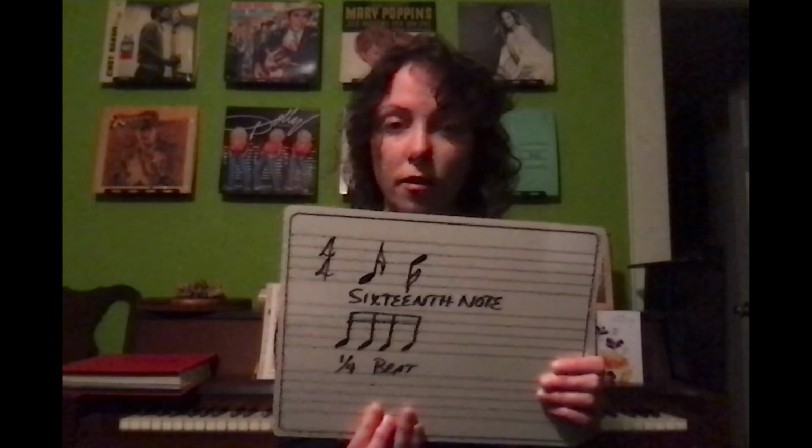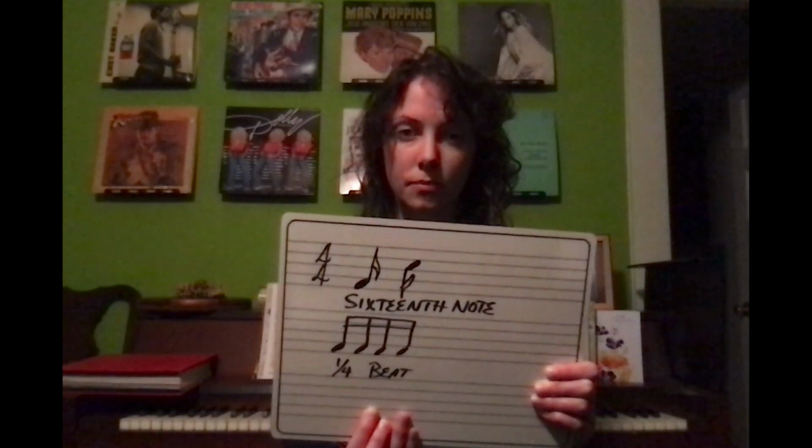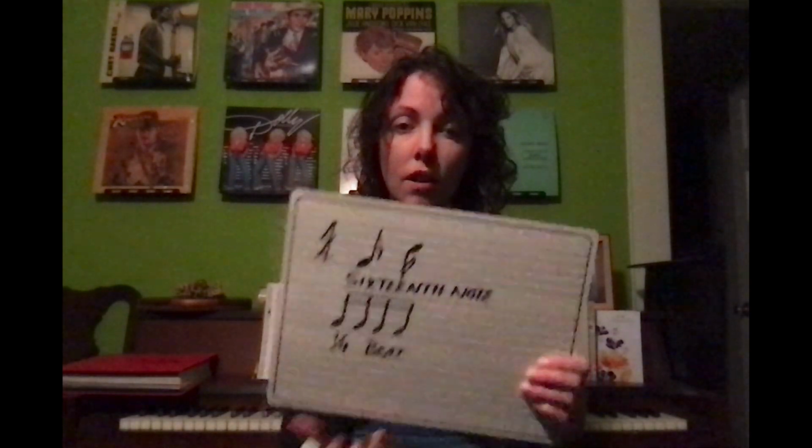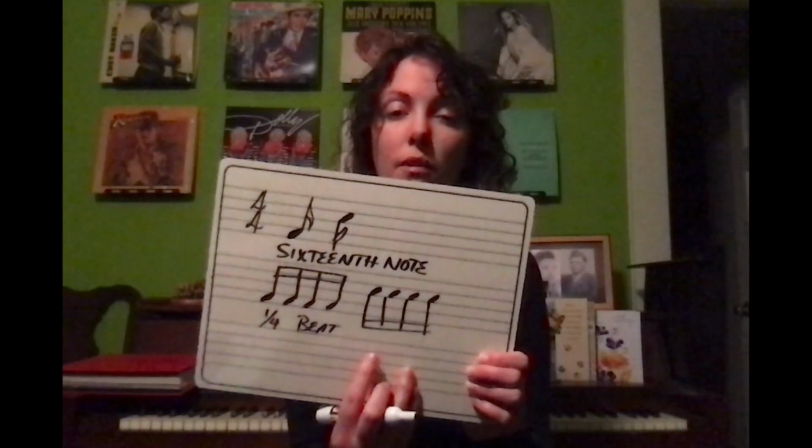Again, these are called 16th notes. I'll draw them over here to the side with these stems facing down and still barred together. This is what they would look like.